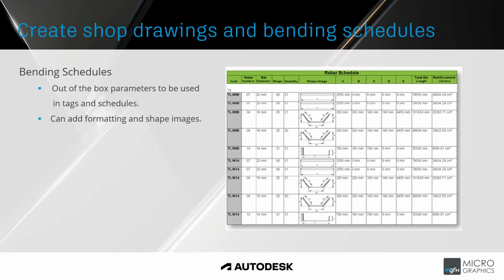The only thing that you might need to do is create these shape images, but that's just an image that you can screenshot from a manual or a book or booklet, or you can draw it yourself, or use a little detail item and create a JPEG of it, and then you add those shape images in there, and all the quantities and each length are available out of the box.